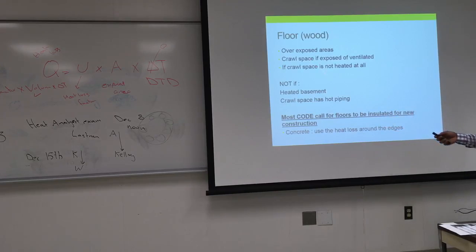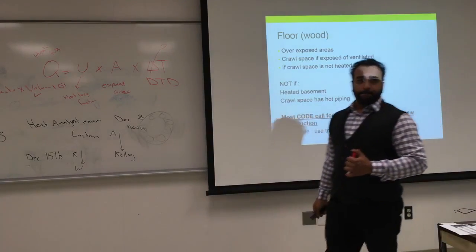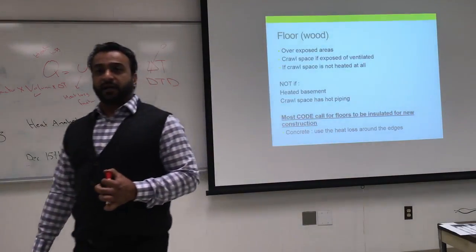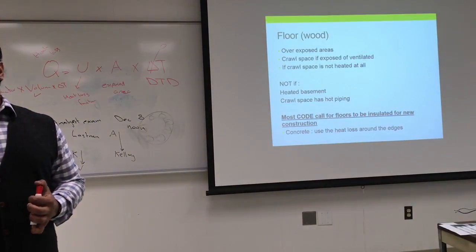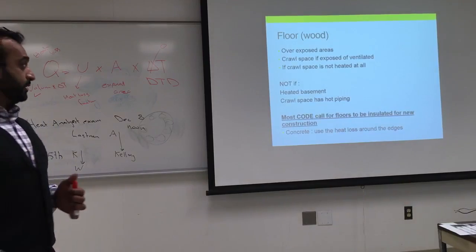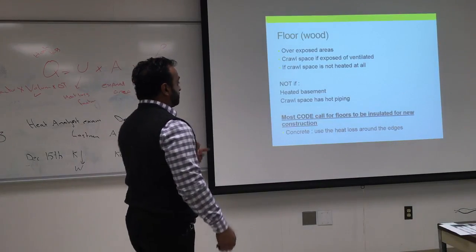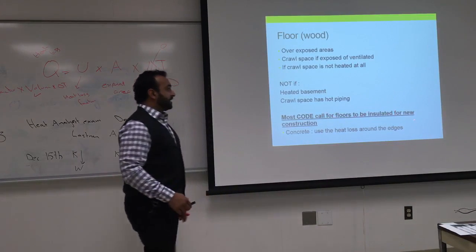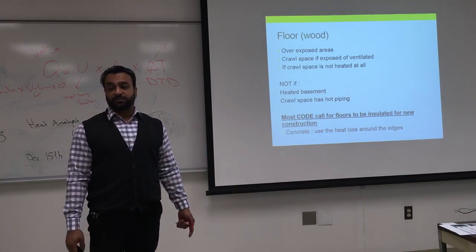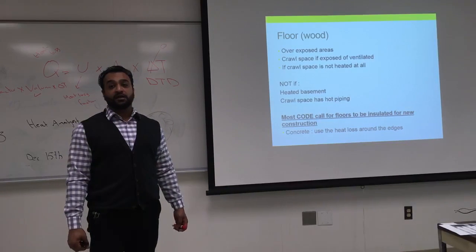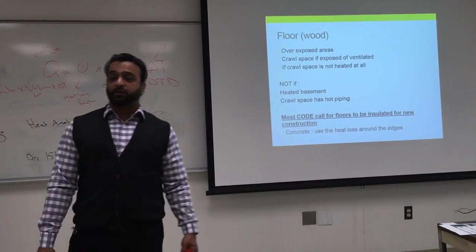Or if it's not heated at all, it's going to be colder. Yeah, but most new houses with 2-foot crawl spaces are heated. They heat this, they heat that. For the water, yes, because air will blow through it and cool the water. Keeps the house much warmer. So most codes call for floors to be insulated for new construction. The floor has to be insulated on the bottom because again, there are so many things we'll talk about next week.